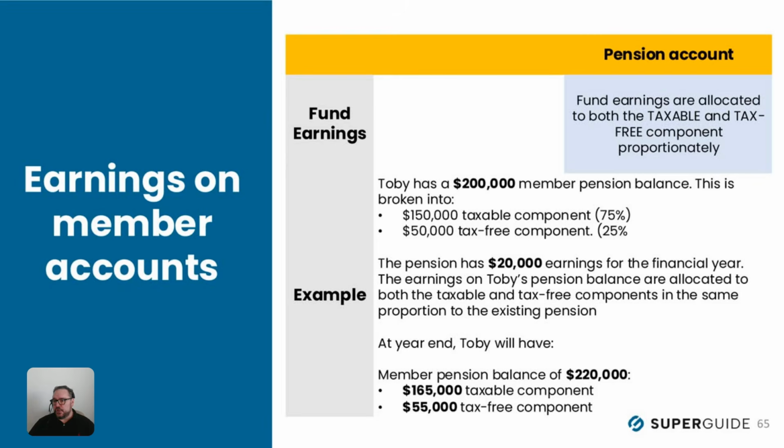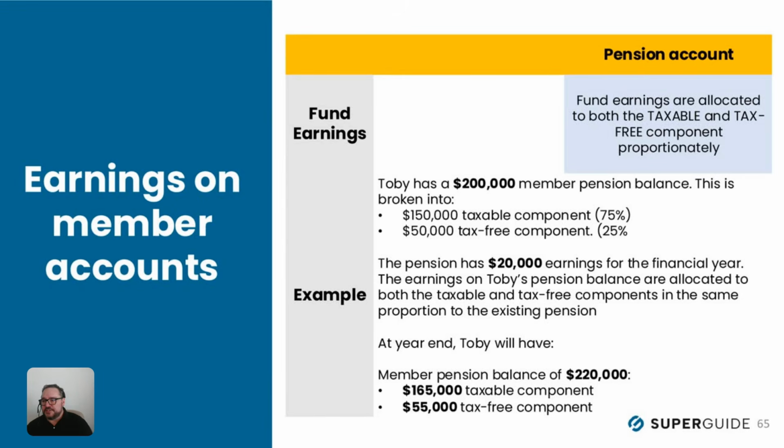Again, the pension earns $20,000 for the financial year, and those earnings are allocated proportionally to the taxable and tax-free. So 75% of the earnings go to the taxable component and 25% of those earnings go to the tax-free component.